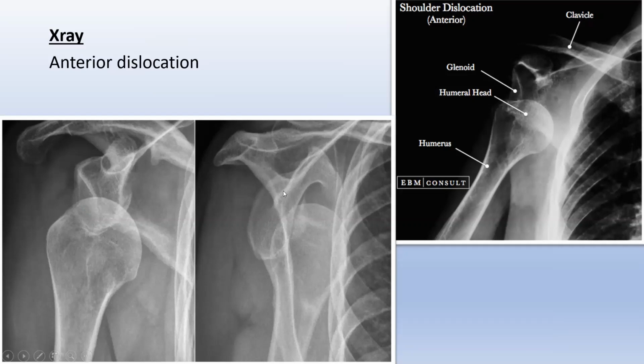In the second picture, this is the posterior view, and in this we can see the head is anterior to the glenoid cavity. This picture labels the diagram, and we can see the glenoid cavity over here, humeral head over here, clavicle over here, and humerus over here.